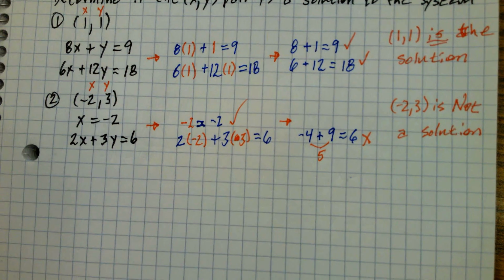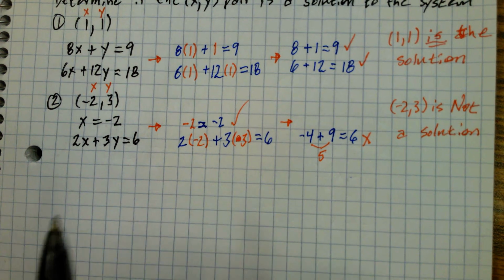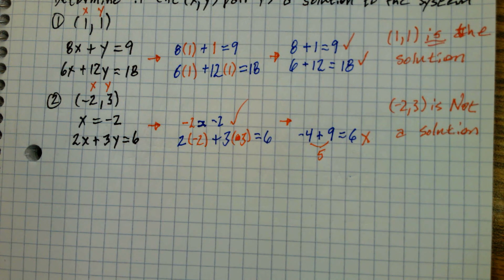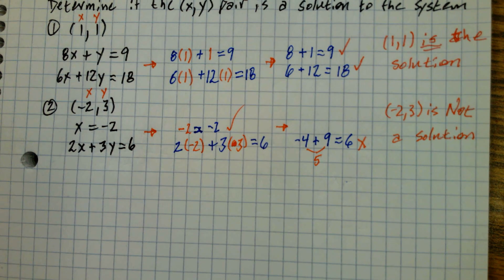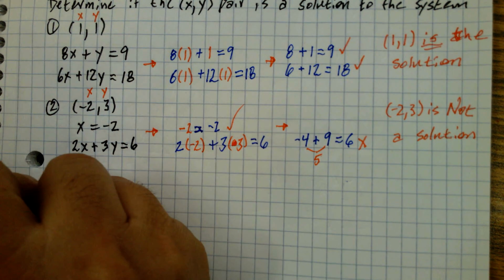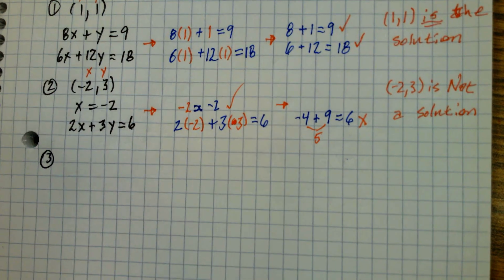I want to give you some more possibilities. So far, all the equations we've been working with are standard form equations. Okay, that's these. Now we're going to play around with some slope-intercept equations. Okay, so number 3. Here we go.